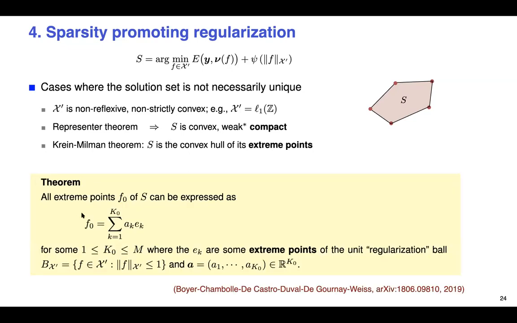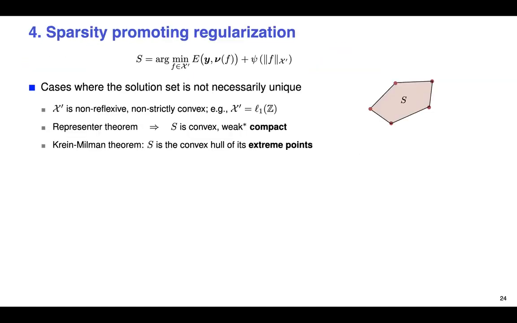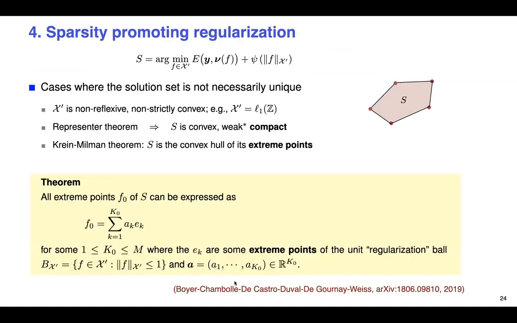And then here we have a very nice theorem that's actually due to Vincent and co-authors that tells us that in that case, the solution can be expressed as a linear combination of extreme points of the regularization balls. That is the points in the Banach space whose norm is smaller or equal to 1.